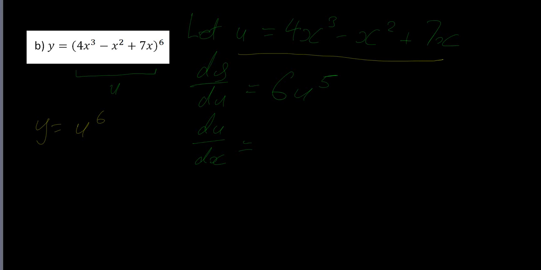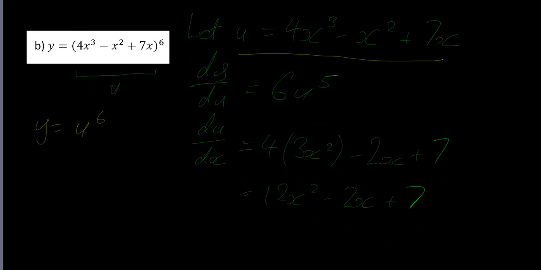So for the first one over here, 4x cubed will turn into 4 multiplied by 3x squared, minus x squared. The derivative of that is 2x, plus 7, since 7x will just turn to 7. So we get 12x squared minus 2x plus 7.